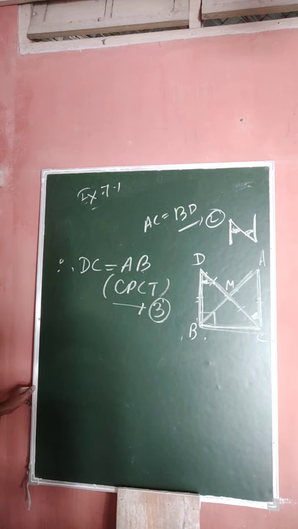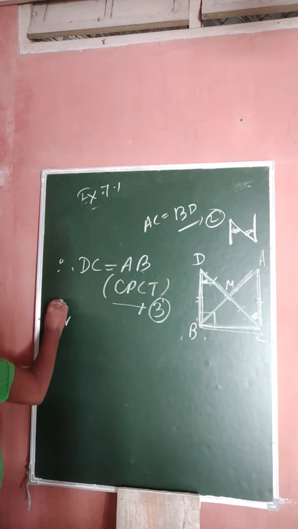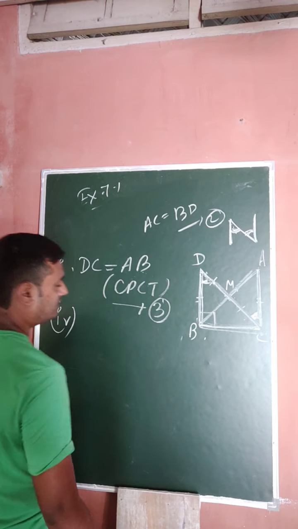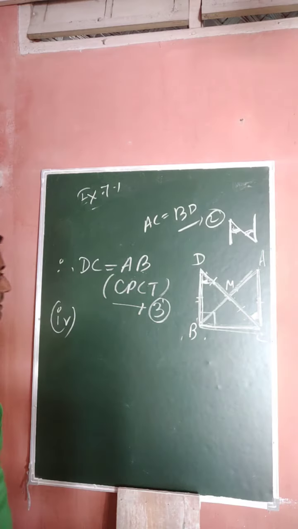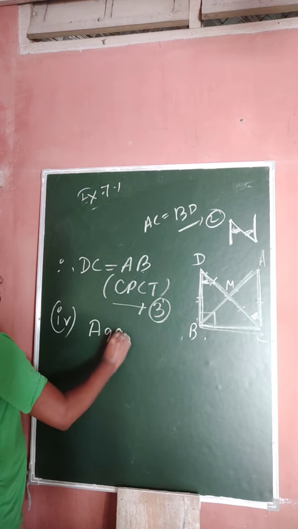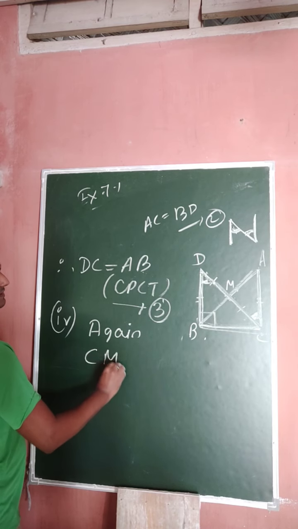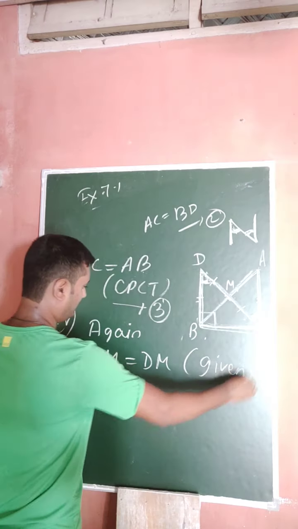Okay, so now come to question number 4. They are asking us to prove CM equal to half of AB. So now, again, CM is equal to DM, which is given. Look at this one.